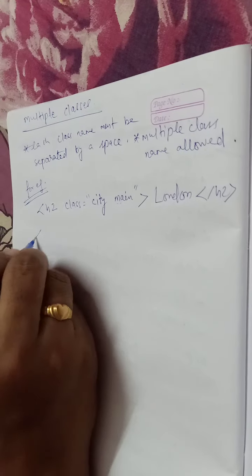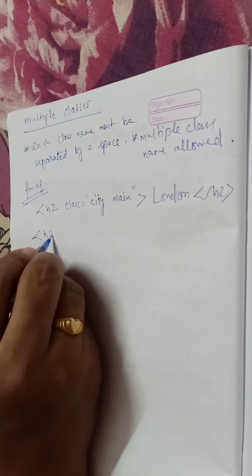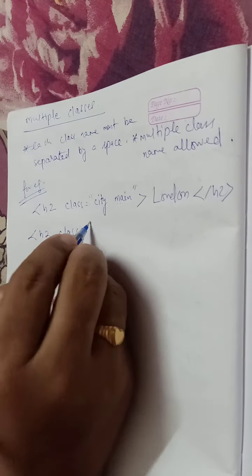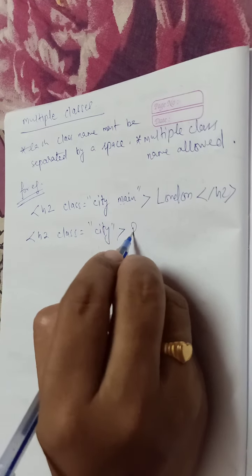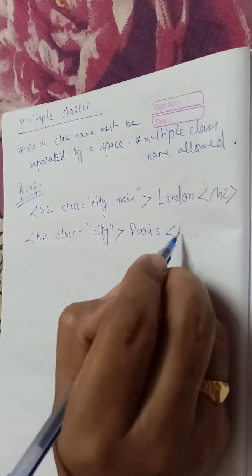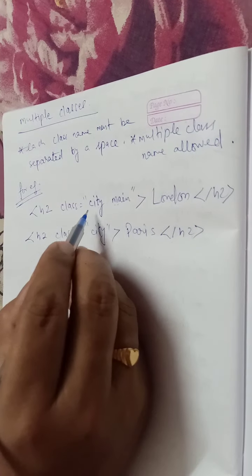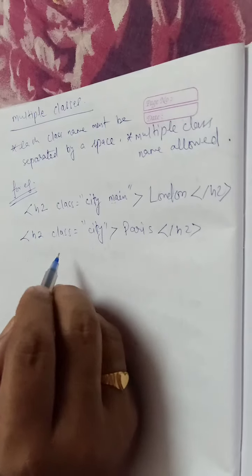Suppose again I am writing another heading. Here I want to apply only one class name, so I can write that. One of the classes is city, which I am writing here.